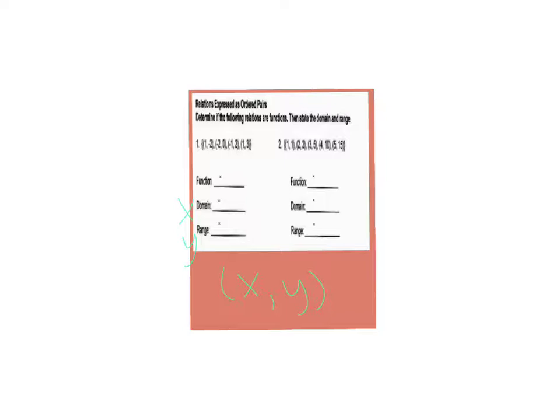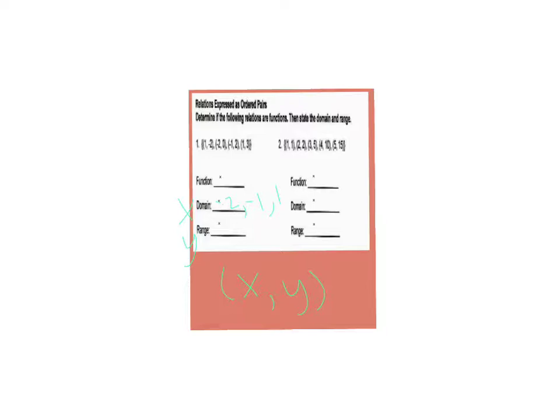So our domain would be -2, -1, and +1. And even though that +1 repeats, we don't have to write it twice. So you just write it one time because those are the values. So the only values that it could be are 1, -2, -1.